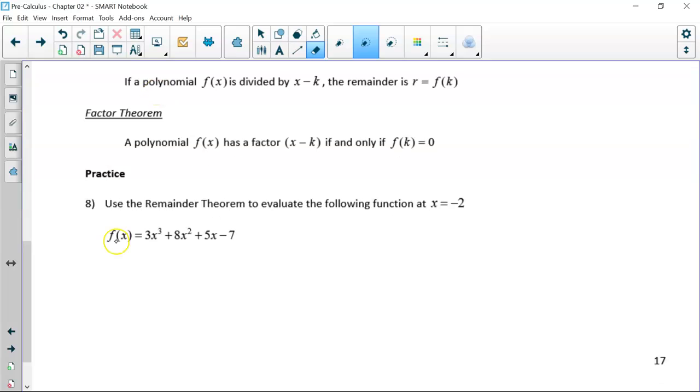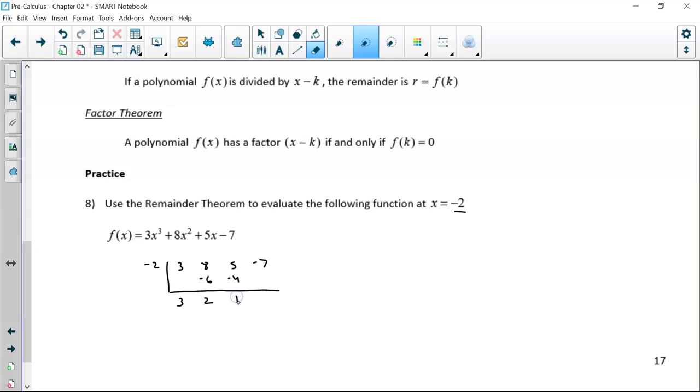So what we could do for f of x, now x equals -2, so -2 goes on the outside. Our coefficients go on the inside, same rules as before: 3, 8, 5, and -7. Bring down the 3. -2 times 3 is -6. You add, you get a 2. -2 times 2 is -4.